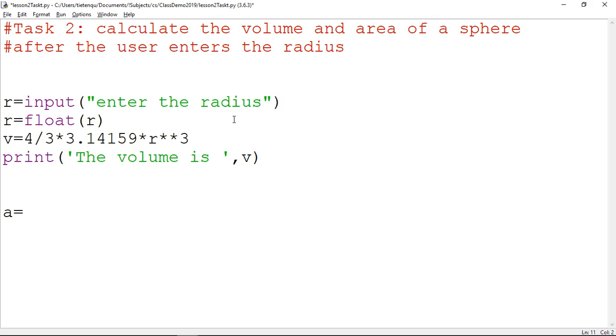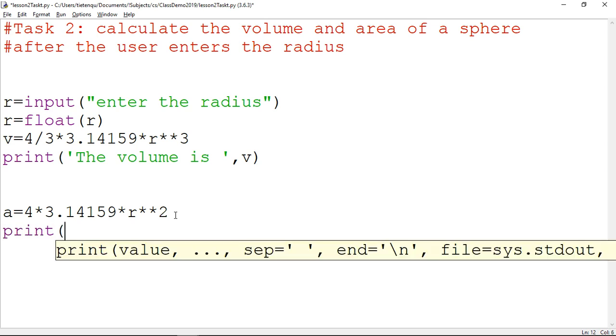So I'm going to say the area is equal to 4 times, so star for times, pi, which is 3.14159, times r, so another star r, and r is squared, and we square in Python by doing a double star and a 2. So a double star and a 3 means cubed, and a double star and a 2 means squared.